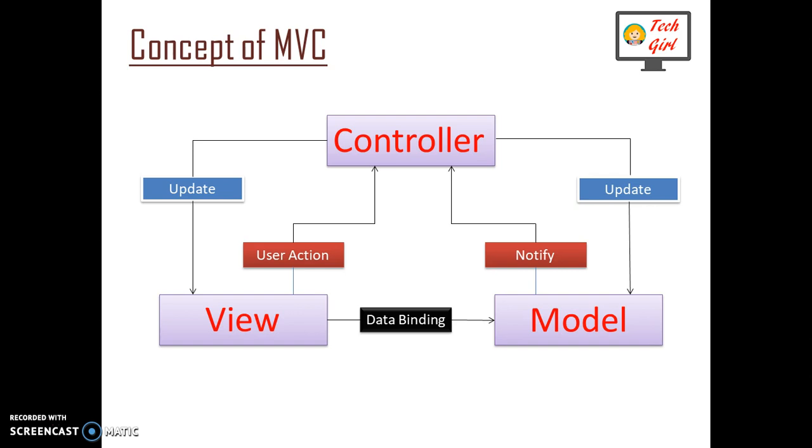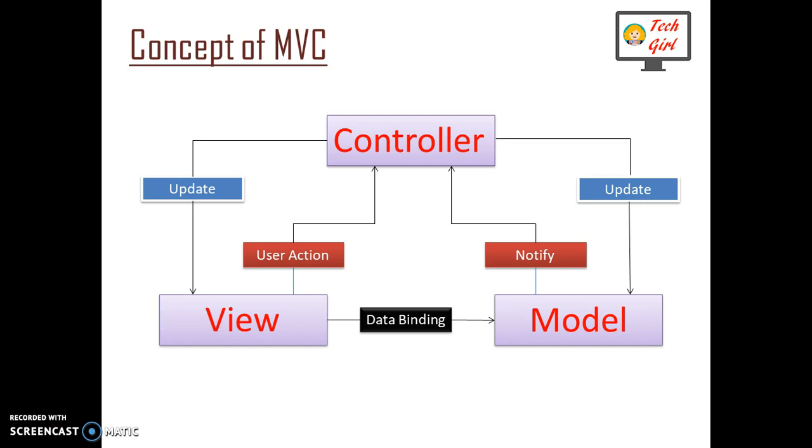In that table there is some data. So from where do we get this data? There is a main database table from where we fetch the data. That data is fetched in the form of a model which then binds to the view, and then the data is shown in the view.